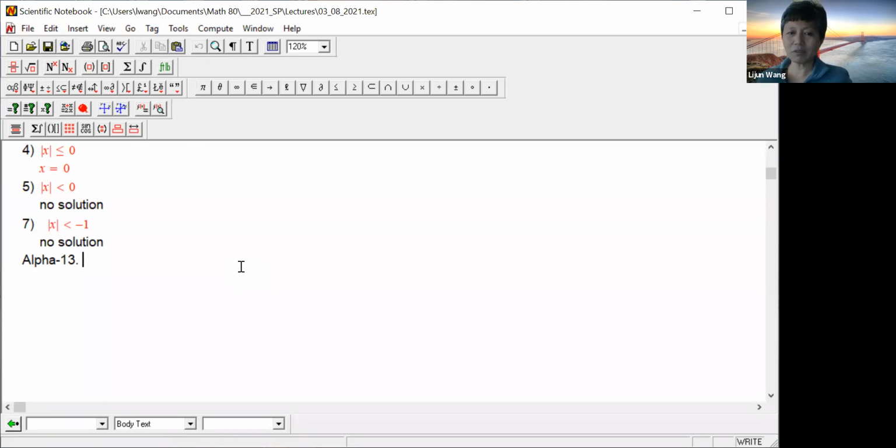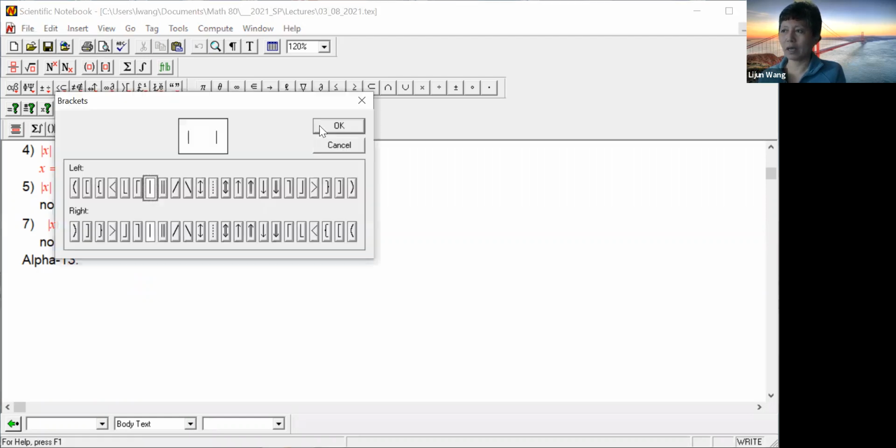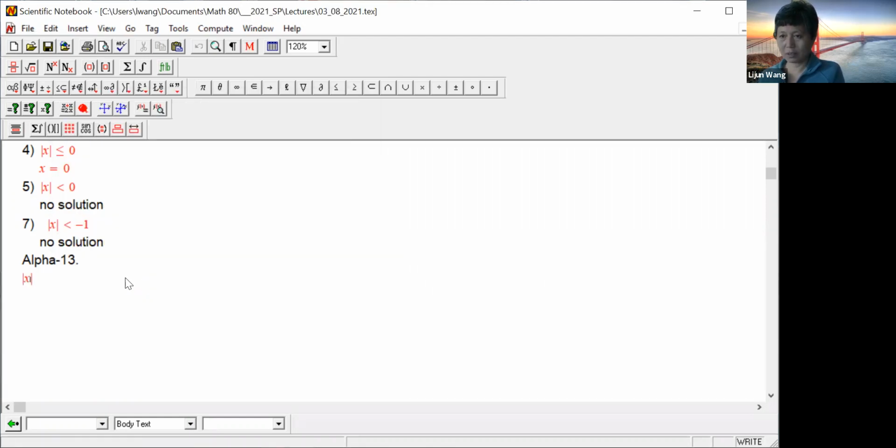It's still an if statement, but you just regard that. For example, we just did alpha 12. In alpha 12, we had a situation of absolute value. If the absolute value is less than 3, how do we do that?